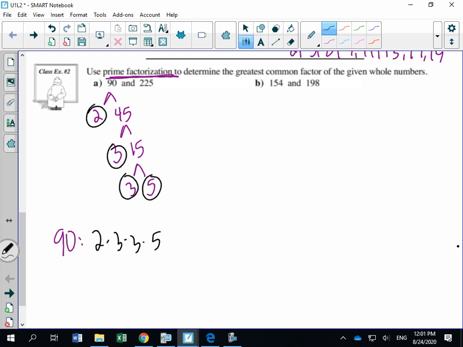Okay, now we're going to do the same to 225. 225 is not divisible by 2. Okay, so I'm going to check 3. And 225 is divisible by 3.